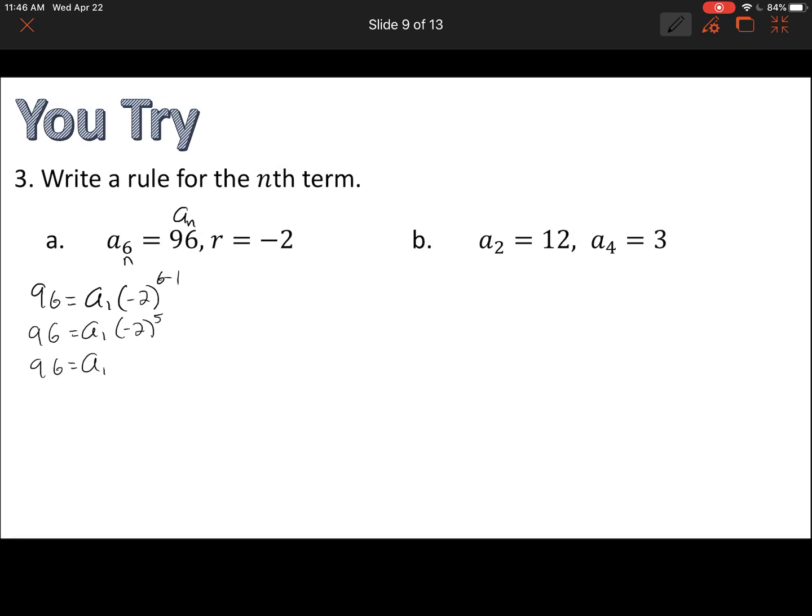So that's 96 equals a sub 1 times negative 2 to the 5th, which is negative 32. Which means that my a sub 1 is negative 3. And I already had the r value, so my answer here is a sub n equals the first term of negative 3 times the r value of negative 2 raised to the n minus 1.